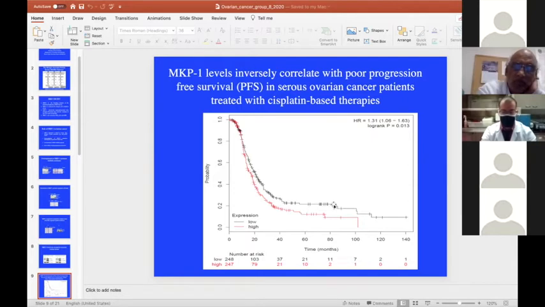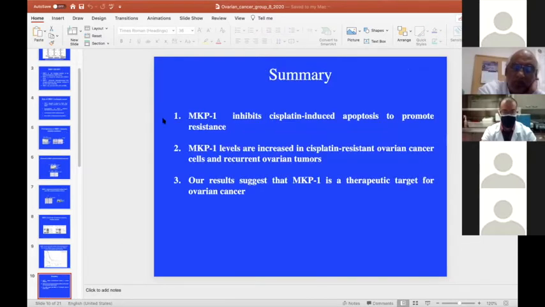Based on this slide and the previous few slides, we established the link between the level of MKP1 and cisplatin or platinum resistance, and also worse PFS.